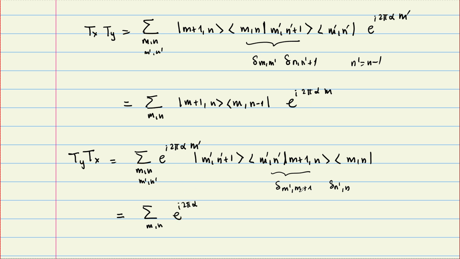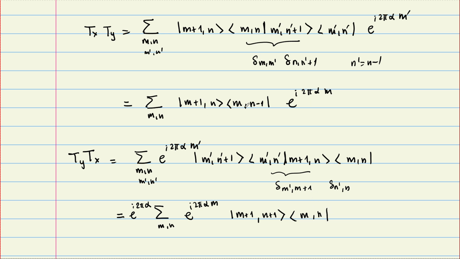M prime is, you can see, m plus 1 m, and the plus 1 I want to write in the front, e to the i 2 pi alpha, and this is m prime is m plus 1, n prime is n, so this is n plus 1, and this one is m n.